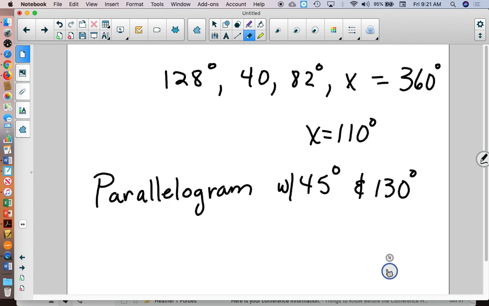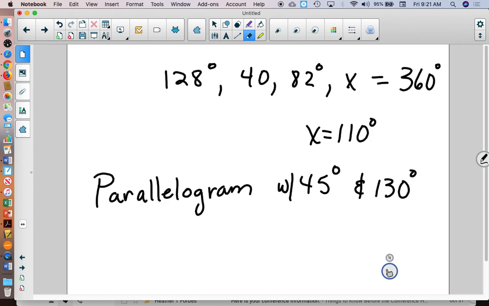If it is a parallelogram, and you know that one angle is 45 and one is 135, what do you know about the other two angles? They're going to be equivalent. Okay, I'll agree with that.